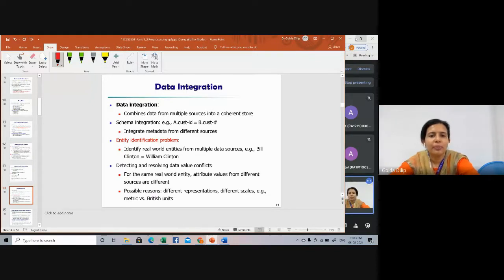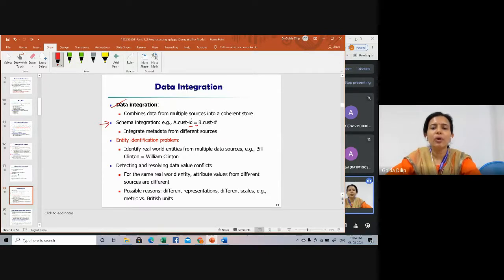Coming to data integration: combining data from multiple sources into a coherent store. It speaks about schema integration. Schema is nothing but the skeleton of your database. For example, A.customer_id is equal to B.customer_number, where customer id is given as a hash or customer number.